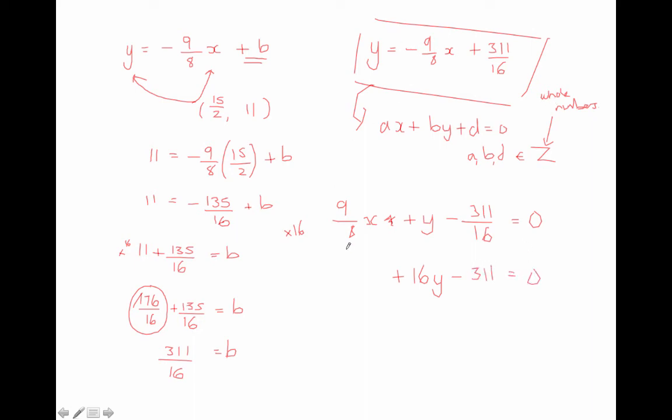And then 9 lots of 16 is 144, and 144 divided by 8 is 18. So this is the same as saying 18x. So your final answer should be all whole numbers, everything on the left-hand side, and equal to 0 on the right.